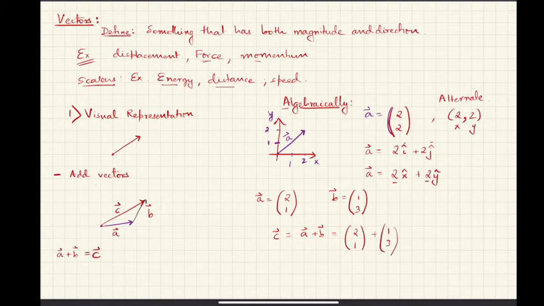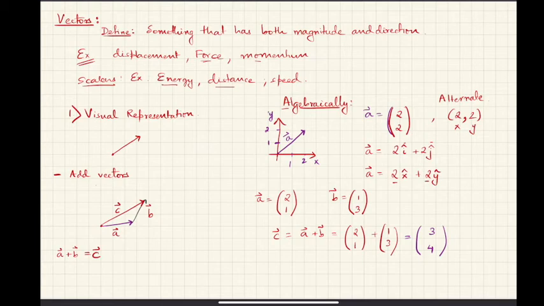And all I am doing over here is adding the x components and adding the y components separately. That is, I'm going to add 2 with 1 to get 3, and I'm going to add 1 plus 3 to get 4. Okay, so 2 plus 1 is 3 here, 1 plus 3 is 4. So I get c vector to be 3, 4.